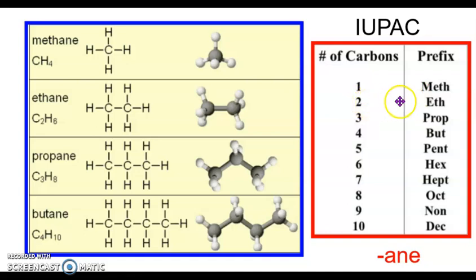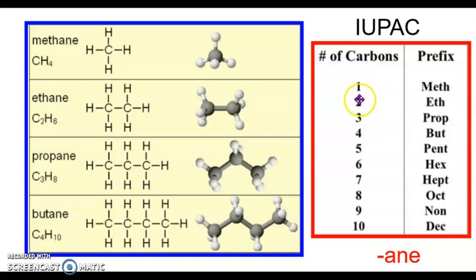And so as we go, 2 is eth, 3 prop, 4 but, 5 pent, 6 hex, 7 hept, 8 oct, like octopus, 8 legs, 9 non, and 10 dec, like a decade is 10 years. So that prefix tells us how many carbons are in that particular molecule, in the parent chain of the molecule. And I'll explain what that means a little bit later.